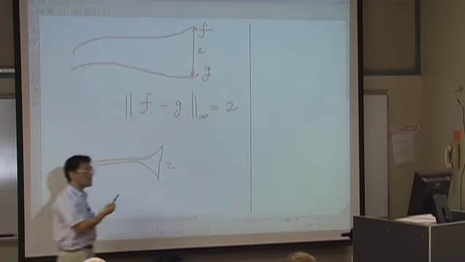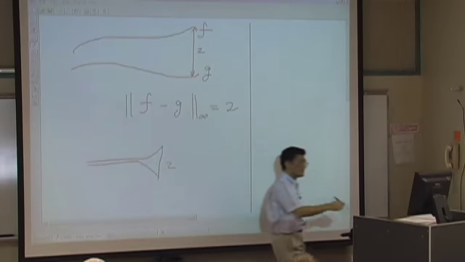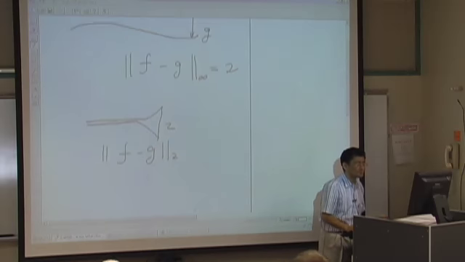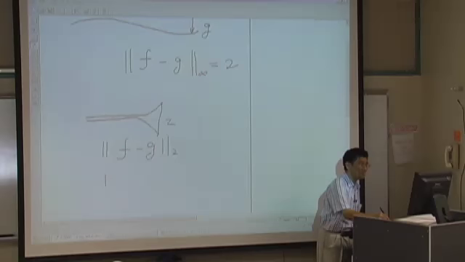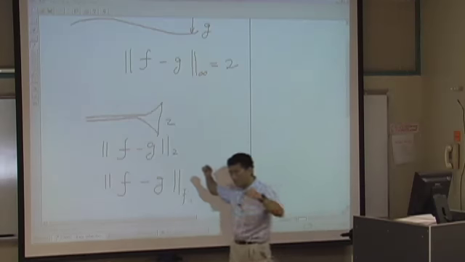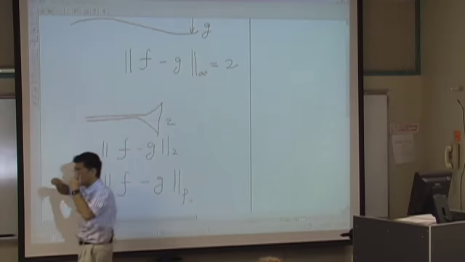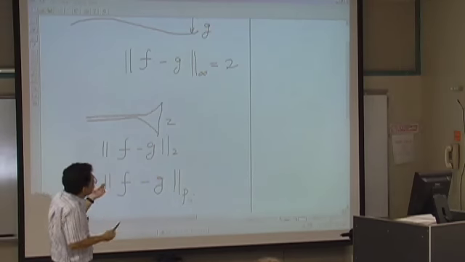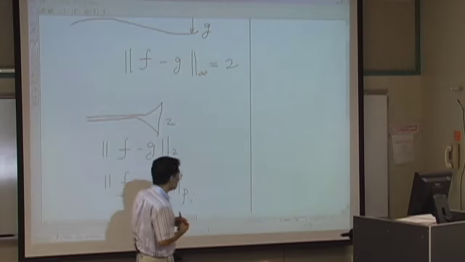So to capture these kinds of things, mathematicians developed the norm, such as 2 norm, or generally, p norm. So mathematicians developed a norm to distinguish one from the other. Why? Because one norm can capture something, but something may be lost, right?